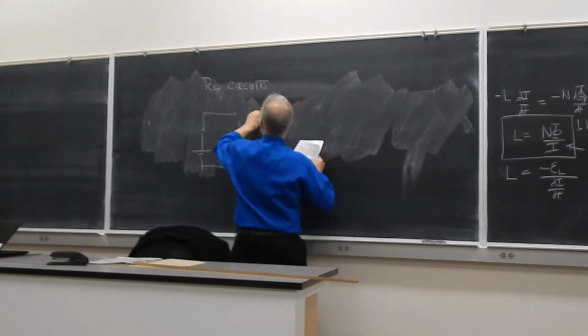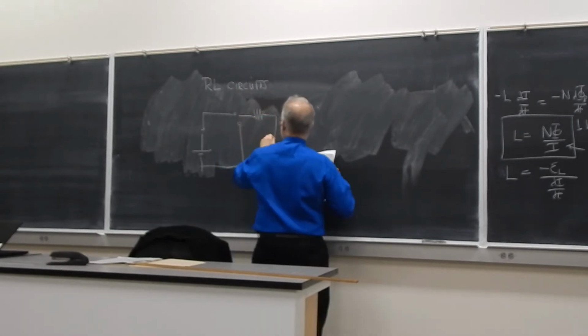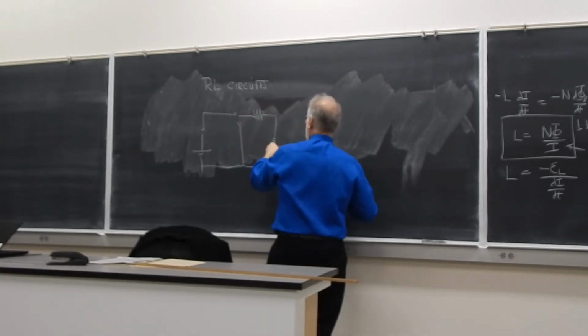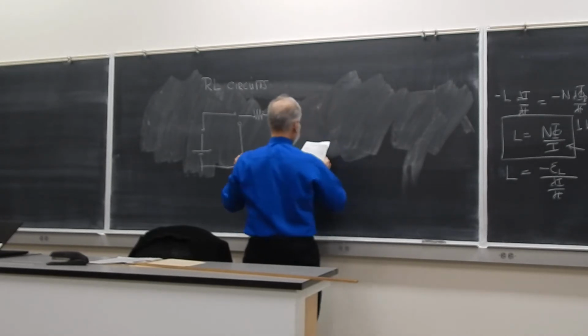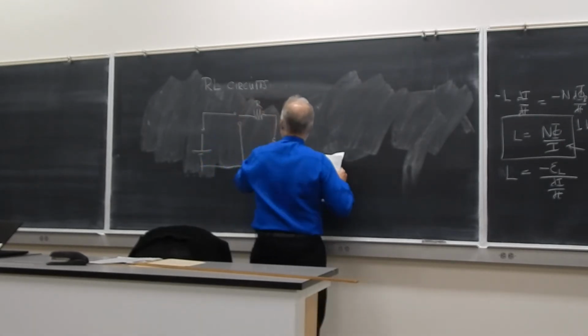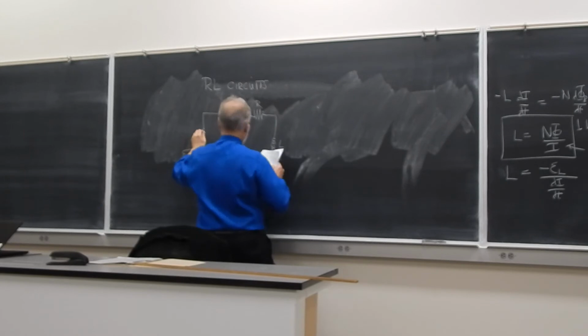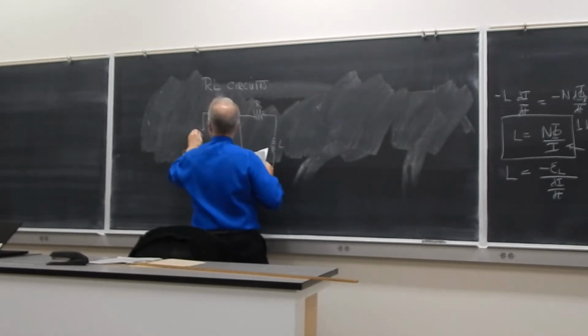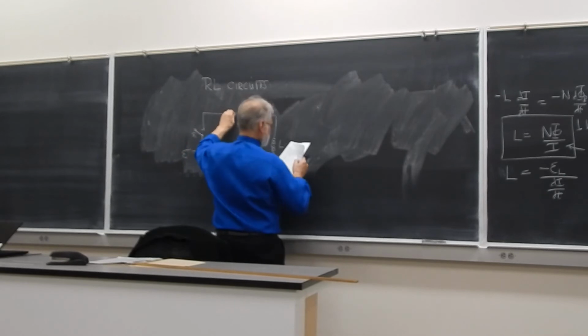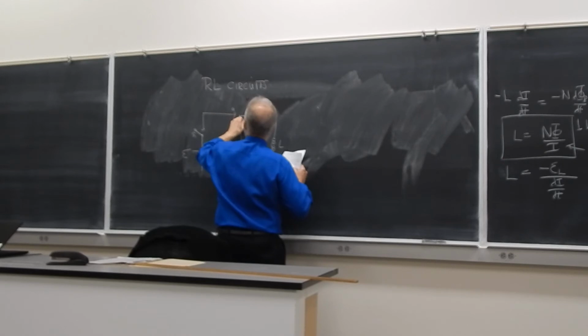So the circuit symbol for an inductor is a curly little, almost solenoid-shaped line. And I've got the following configuration, and I have two switches in the circuit. This we'll call S1, and this we'll call S2. That's point A and point B.